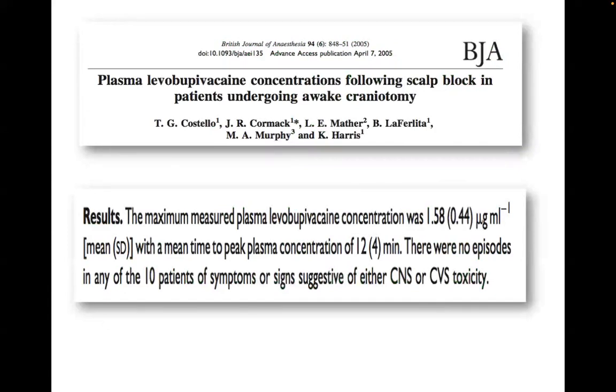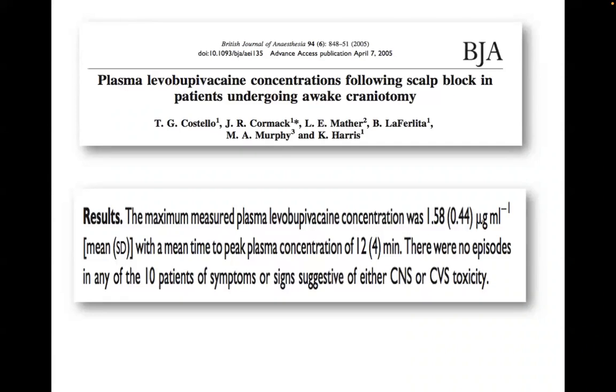As we discussed earlier, the scalp is highly vascular. Whenever you are injecting any local anesthetic, first you have to mix it with epinephrine. Secondly, you have to be very cautious about aspiration before any injection.